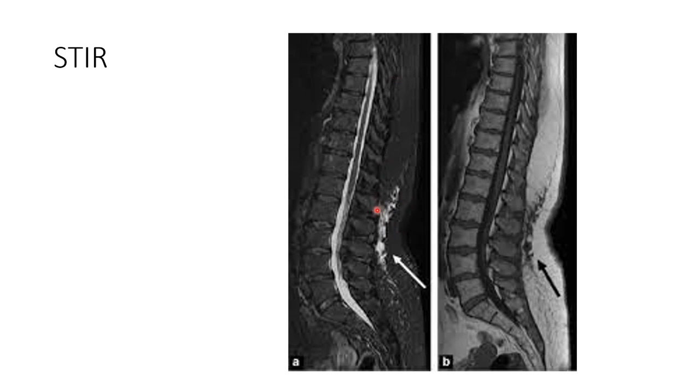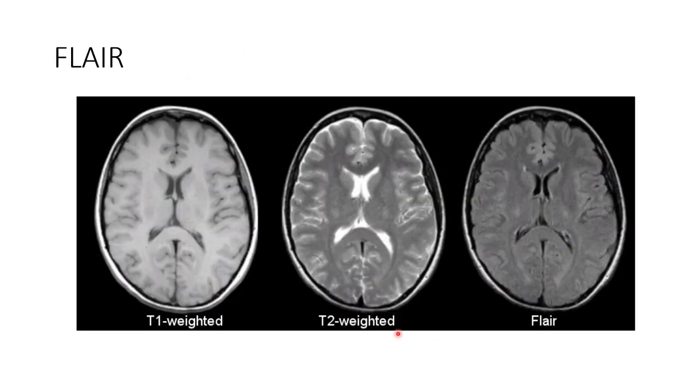Once we suppress the fat, we will be able to see the water signals clearly and edema will be very clearly differentiated. This is a FLAIR image where the CSF signals, the water signals within the ventricles, will be suppressed. So if there is any edema surrounding the ventricles, we can clearly make it out because the water signals from the CSF will be suppressed and surrounding edema signals will not be suppressed.